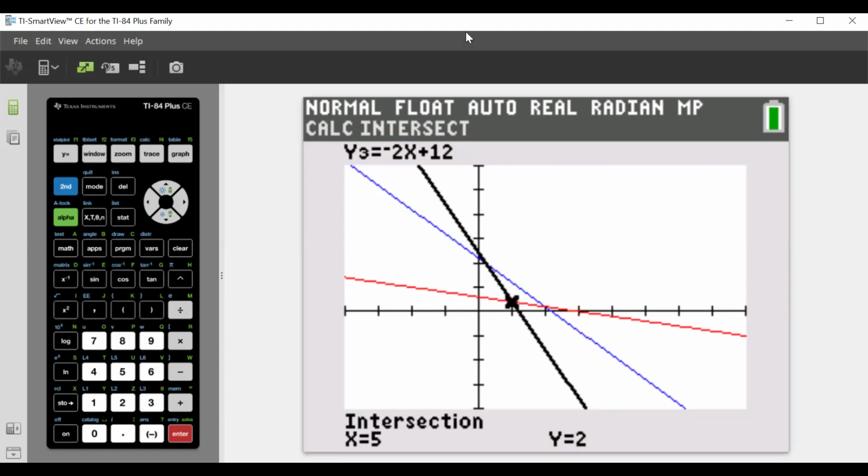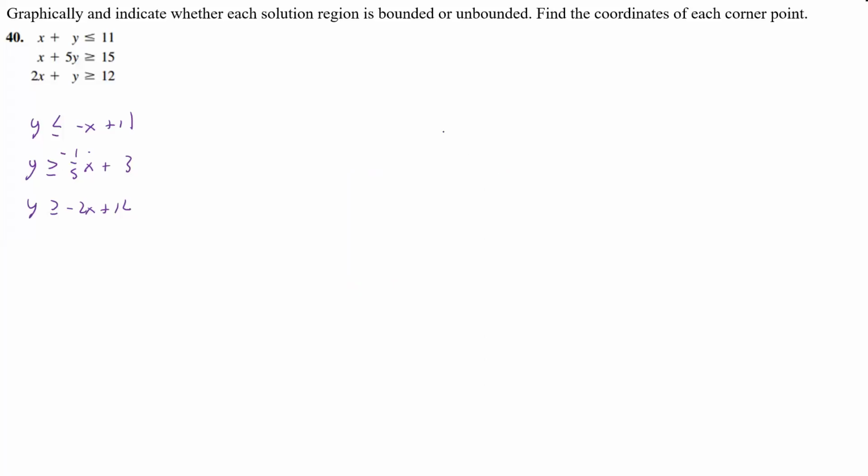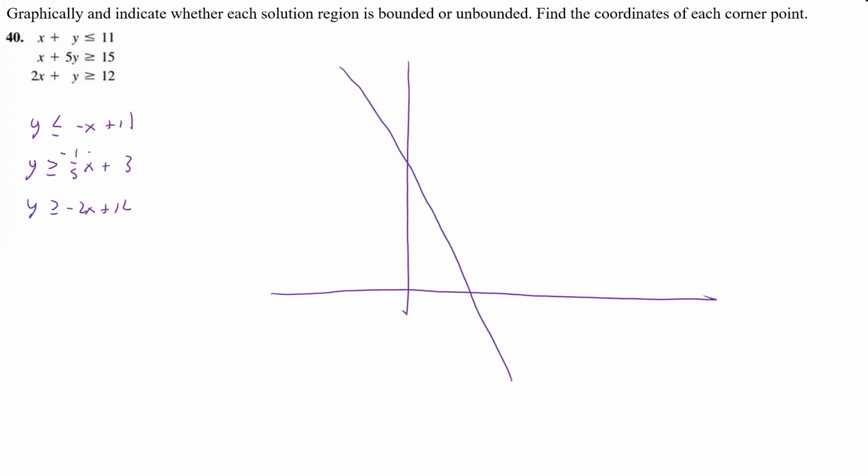So let's draw what we had there. And so again, everything's really in this section here. So we came down something like this. We had something that went over like this. And then we had something that was even further out like that.